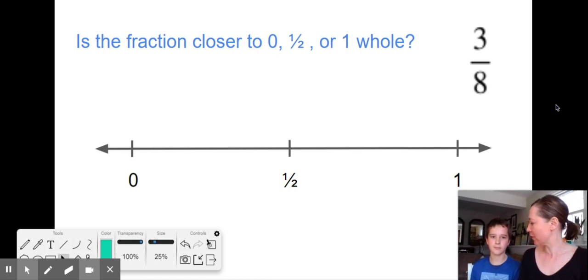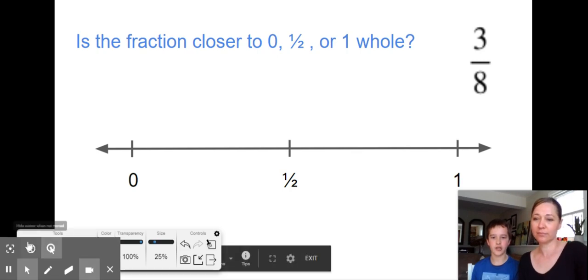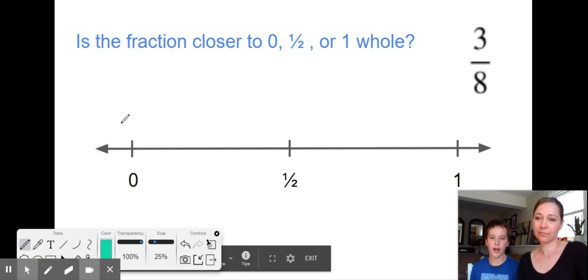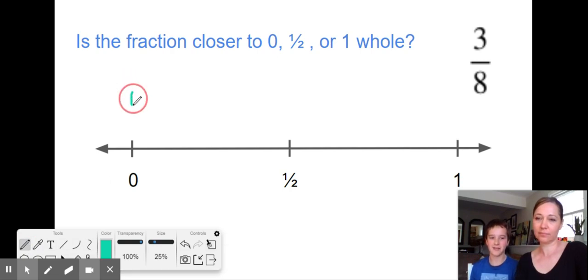Okay, Dane, how did you think about this one? Well, I first thought of it as 0 is 0/8, 1/2 is 4/8, and 1 is 8/8. So you were thinking about some equivalent fractions that you know while thinking about eighths, because that would be our unit fraction for this one.